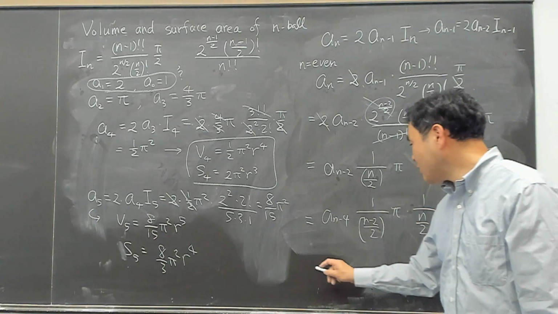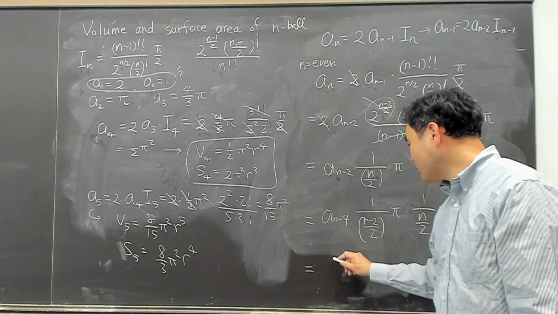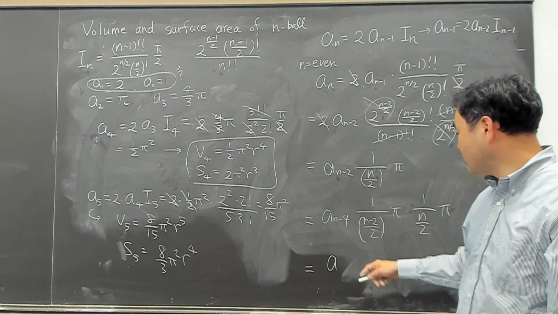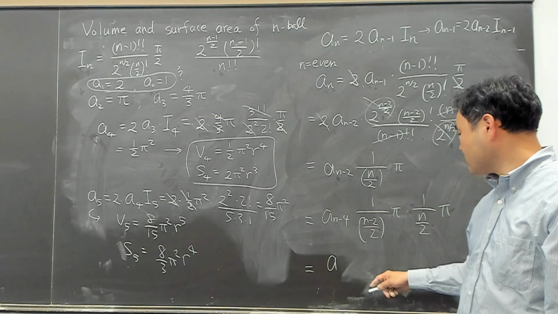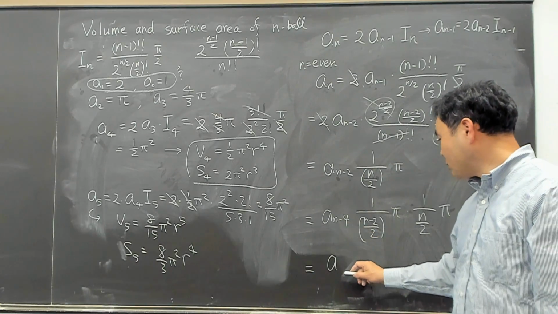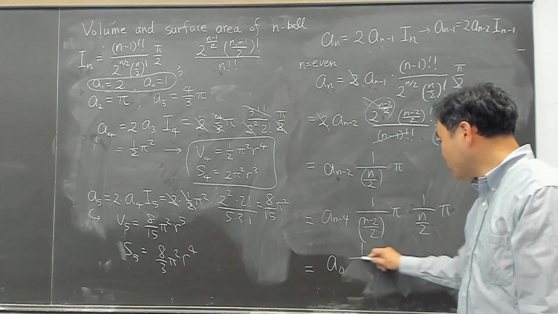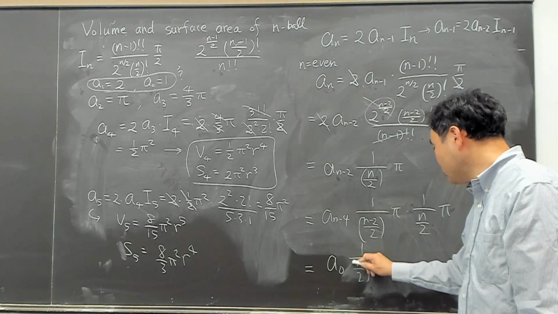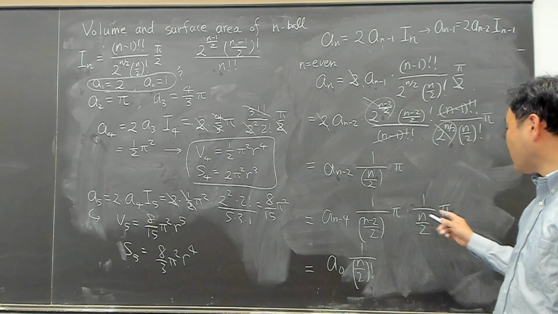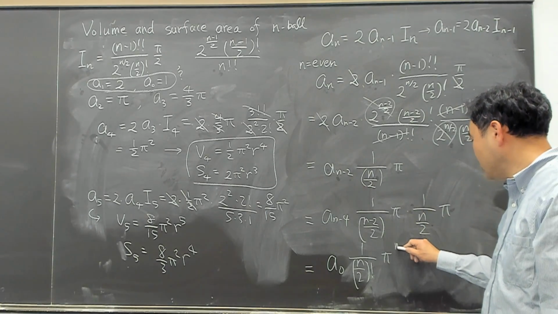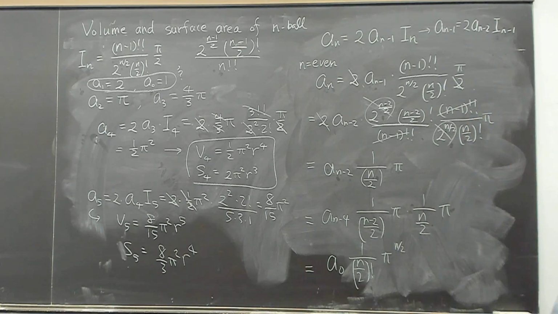So eventually, because n is even, it's going to stop when you reach a0, and then you're going to get 1 over n over 2 factorial, and then pi is going to be multiplied n over 2 times. So that's what you're going to get if you apply this recursion over and over again.